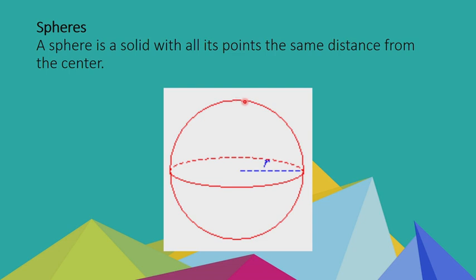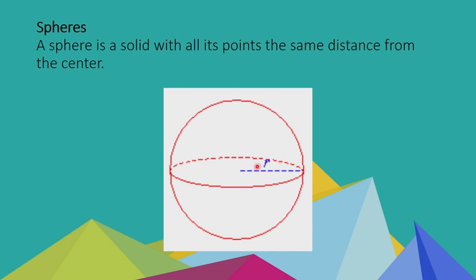It is the locus of the points whose distance from a fixed point is equal. So it is a similar definition but in three dimensions. That is the difference between three dimensions and two dimensions.